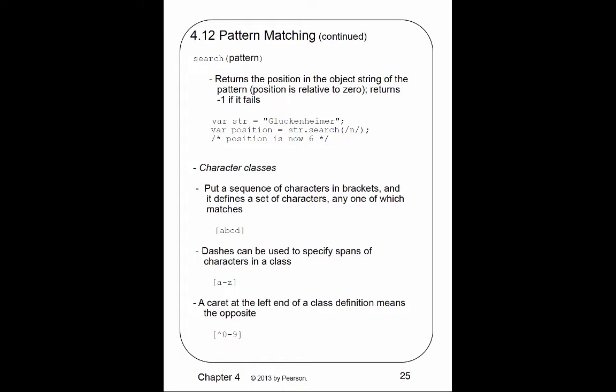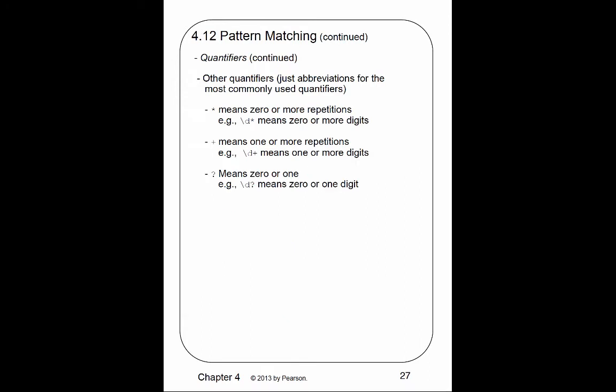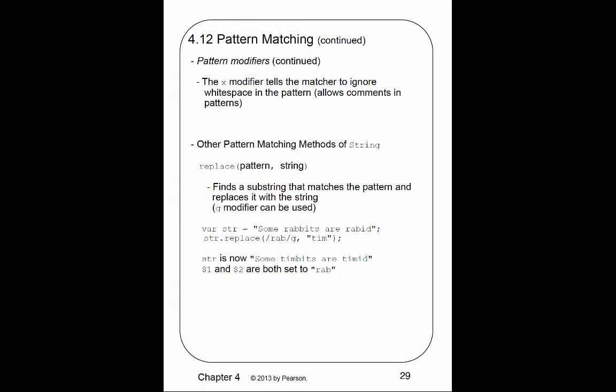But we'll look at some examples of the use of regular expressions later on. So this is how you construct regular expressions. We just leave it here as reference. Plus, star and question mark is just denoting the extent of repetition and so on. So these are more information about regular expressions.